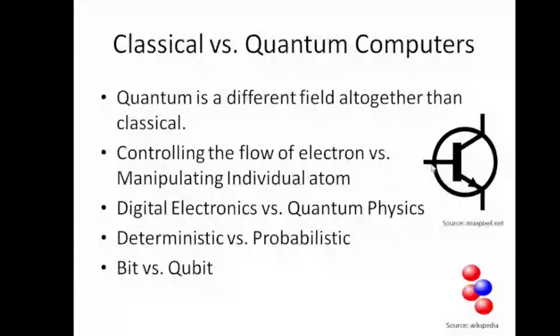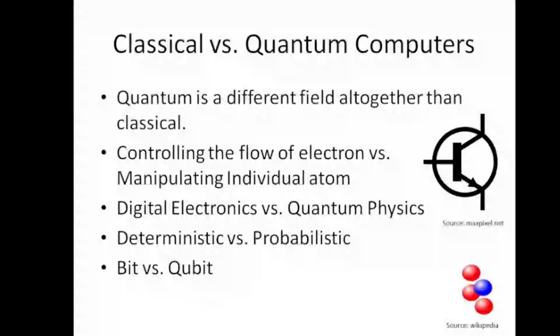A transistor is nothing but a switch. If we switch it on, current will flow from this part to this part, and if we do not switch it on, current will not flow. So in classical computers, we are controlling the flow of current, but in quantum computers, we are controlling individual atoms and creating individual atom interactions.